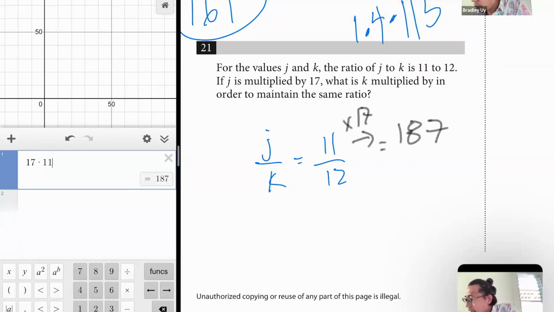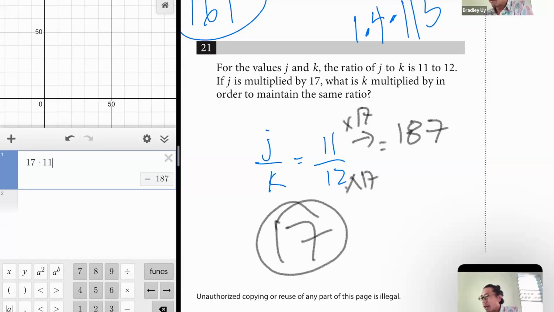If you multiply j by 17, you have to multiply k by what to maintain the same ratio? Well, you've got to multiply this by 17 as well, so the right answer is 17. You're multiplying k by 17.